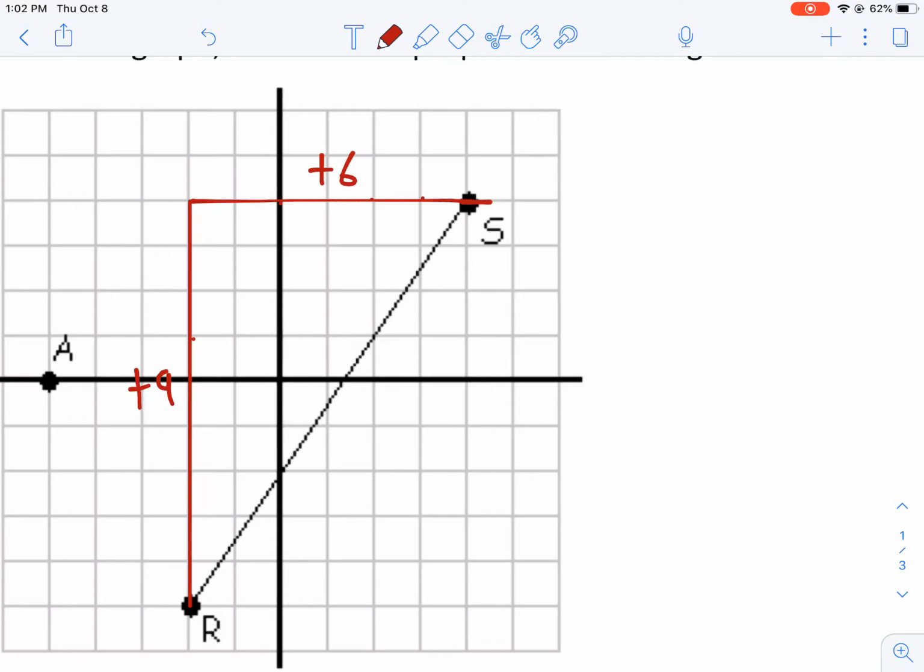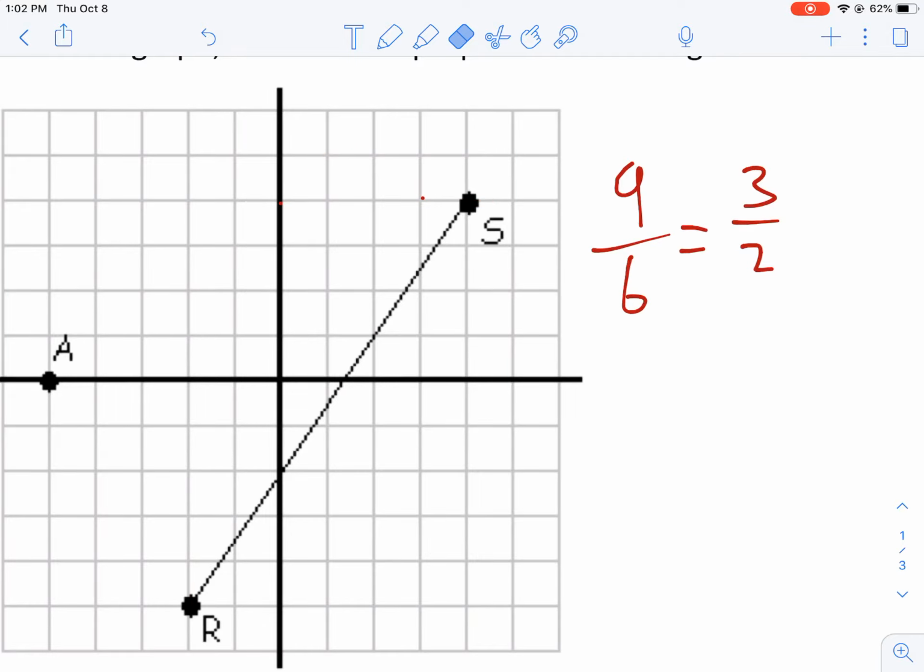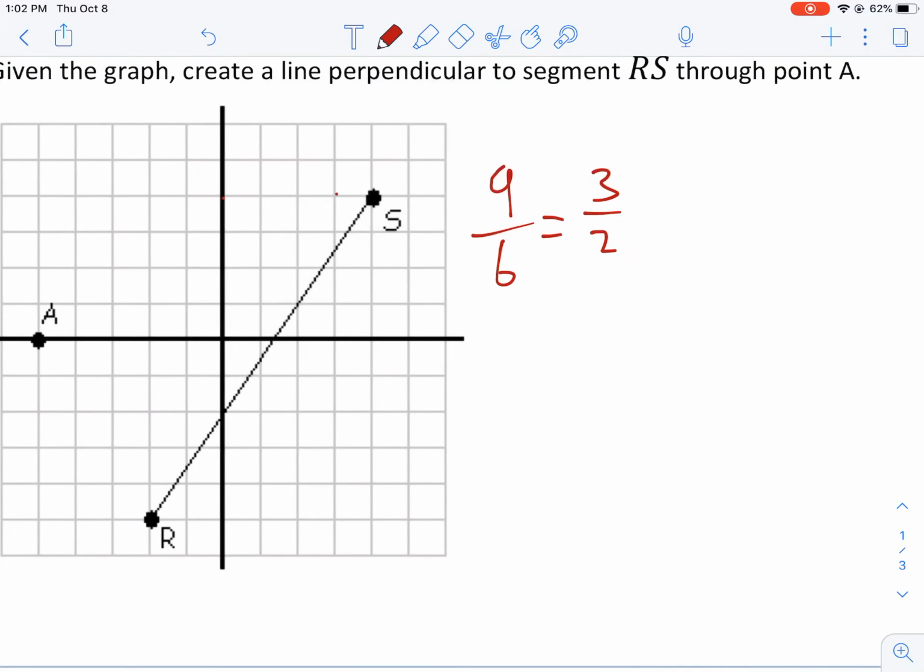So my rise over run for RS is 9 over 6, and that simplifies to 3 over 2, okay? So my slope is 3 over 2. So my new slope should be the opposite reciprocal of that. So since that number is positive, my slope's going to be negative, and I want to flip it upside down, so I'm going to make it -2/3, all right? So my slope needs to be -2/3.